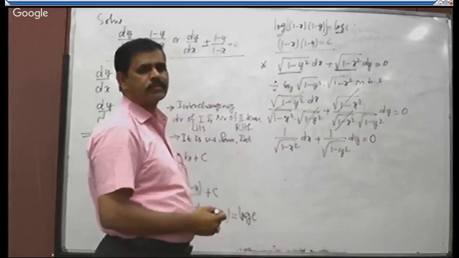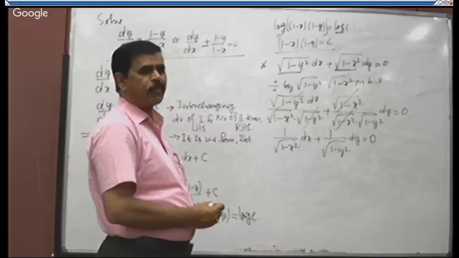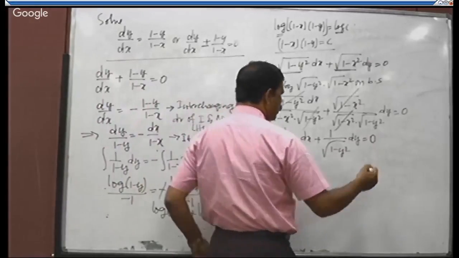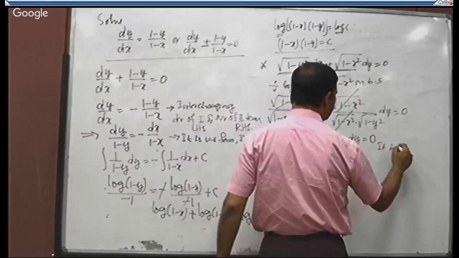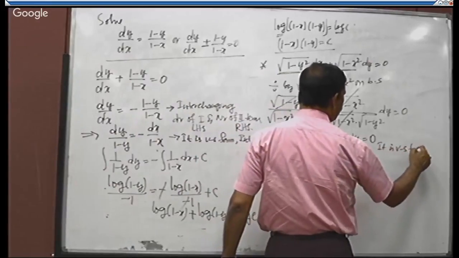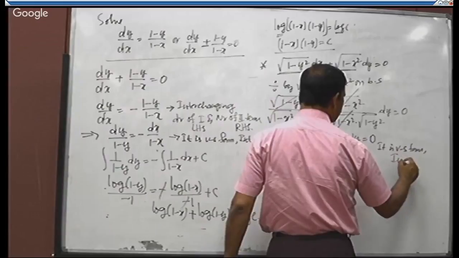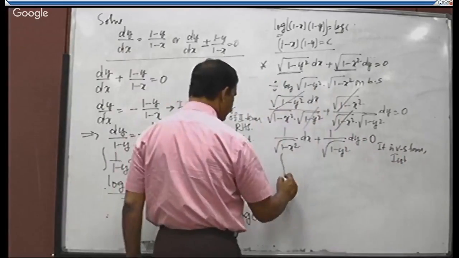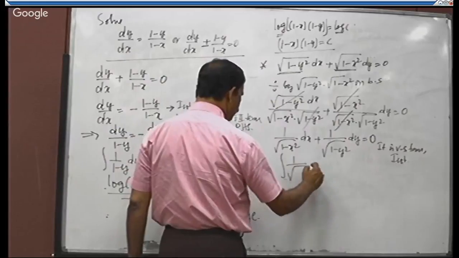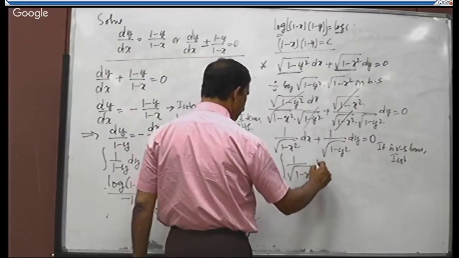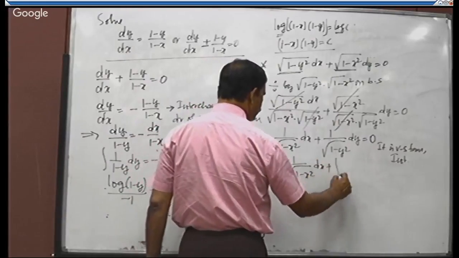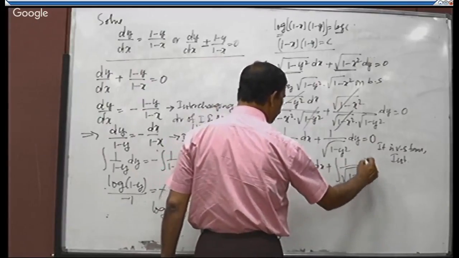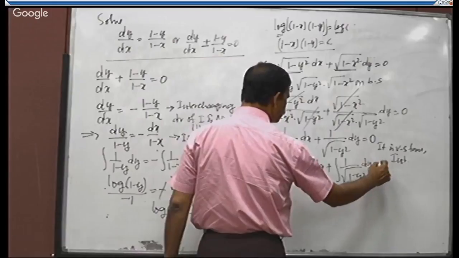Now check this. It is of variable separable form, right? It is variable separable form. Then integrate. Integration of 1/root of (1 - x²) dx plus integration of 1/root of (1 - y²) dy is equal to c.